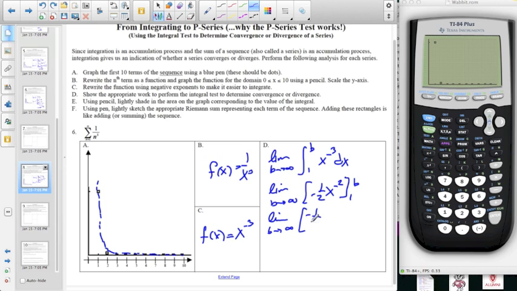So we have negative 1 over 2b squared minus a negative 1 over 2 times 1 squared, which is just 2. And so as we put infinity here, this goes to 0 minus a negative 1/2. So we get an area under the curve here of 1/2. And so, again, that's finite, so we get a convergent series here.